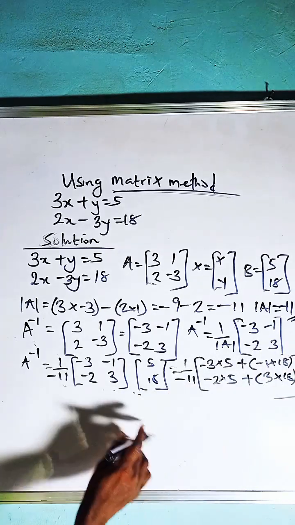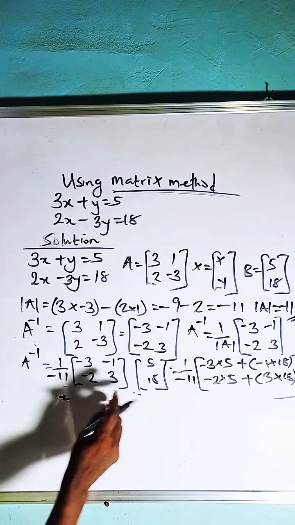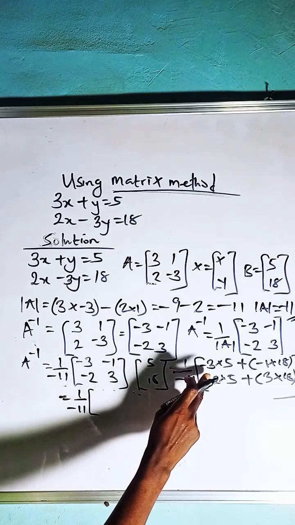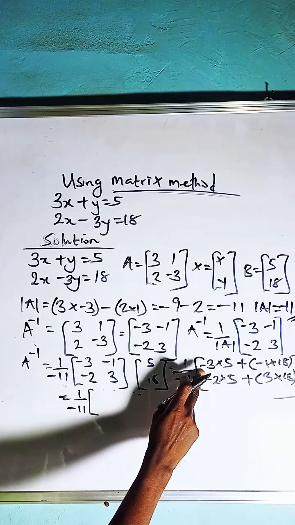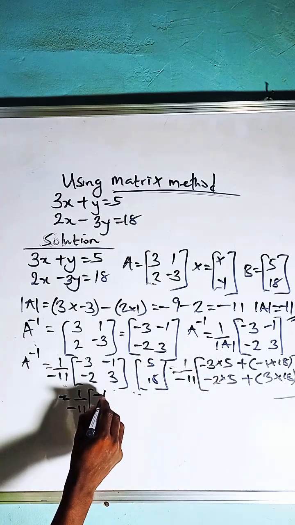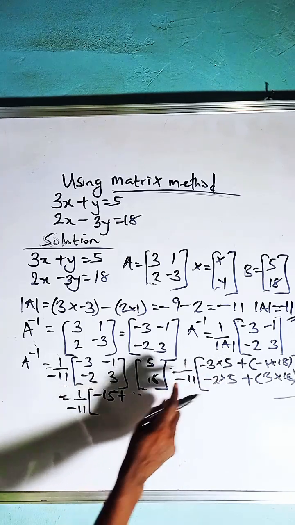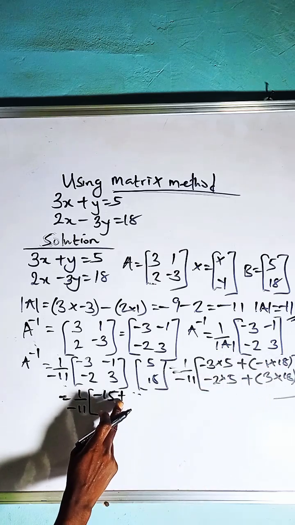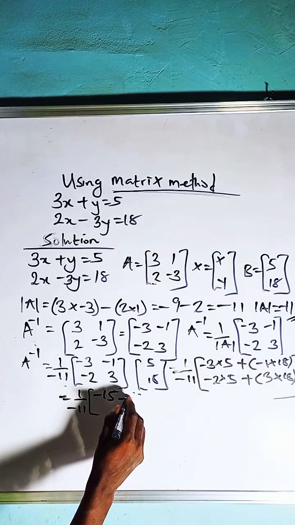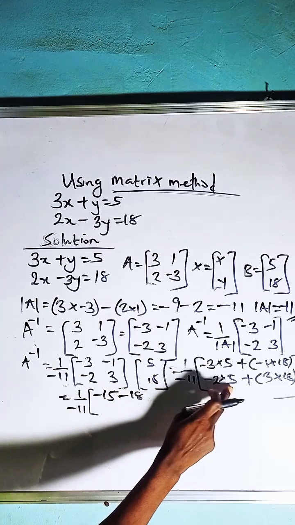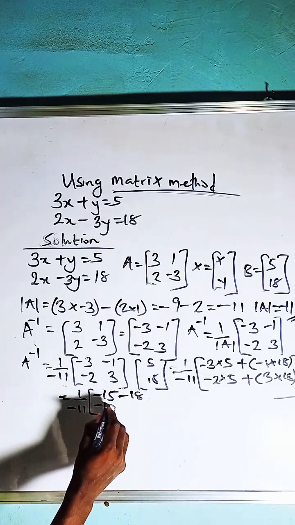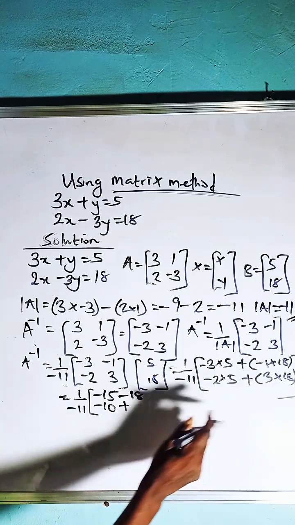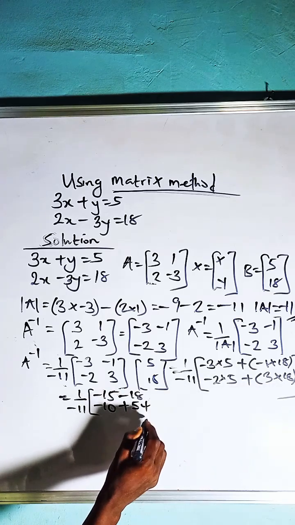So minus 3 times 5 is minus 15, plus minus 1 times 18 is minus 18. Minus 2 times 5 is minus 10, plus 3 times 18 is 54.